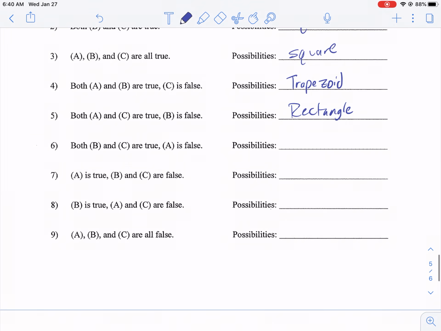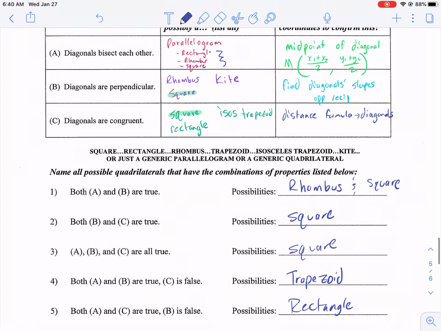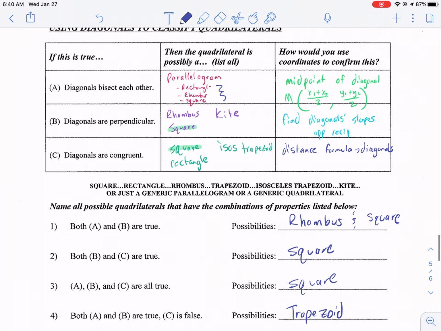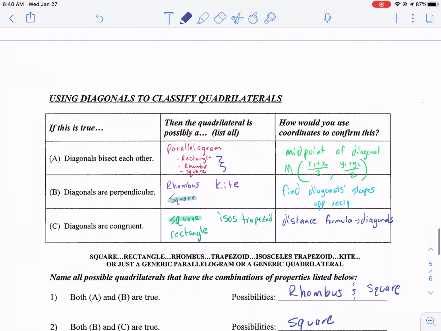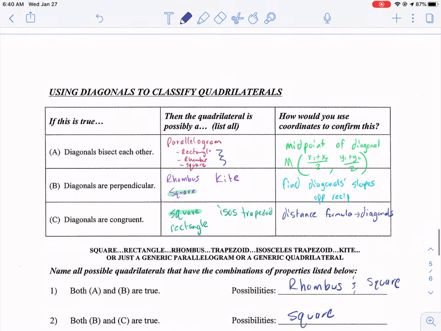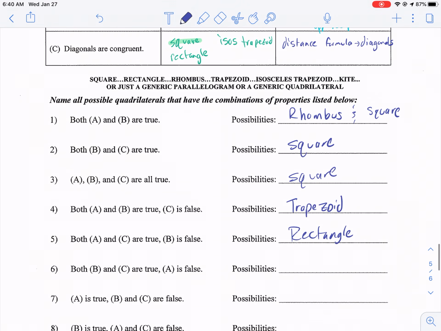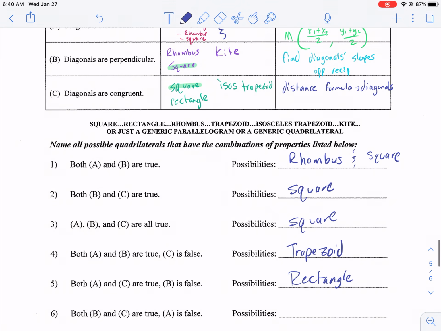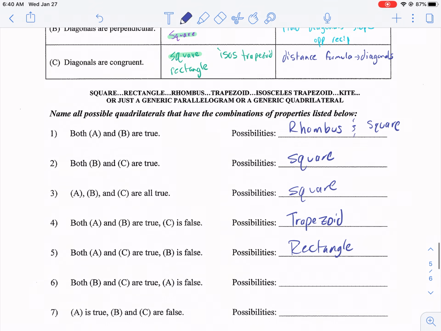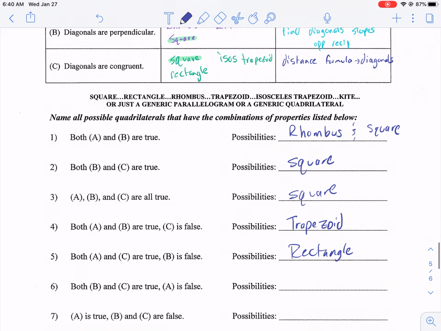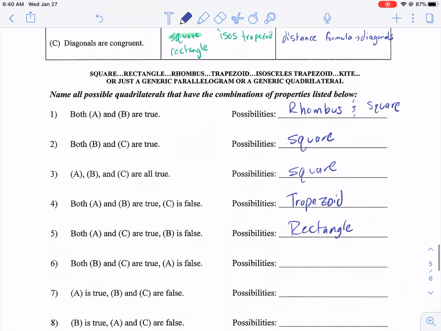This one's got me stuck. Or just a generic parallelogram or generic quadrilateral. Square, rectangle, kite. I'm going to be honest, I don't think it applies to any shape. I'm going to say not possible for this one.